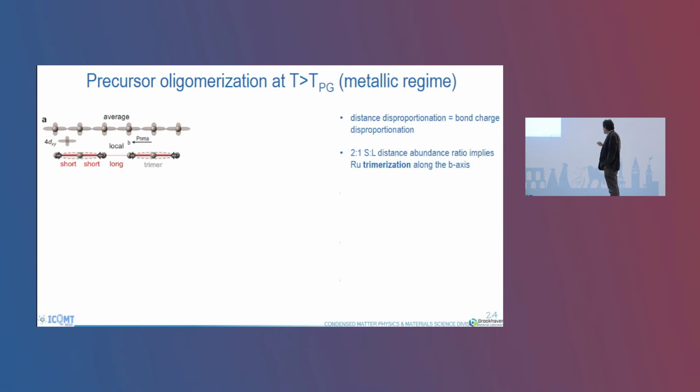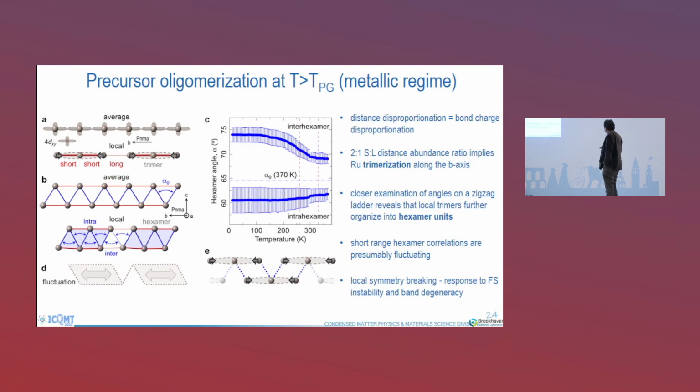I actually told you before what the ground state is, but when we were doing this, it wasn't known. If you have a distribution of 2 short and 1 long distance along the linear chain, that is essentially portraying a trimer.